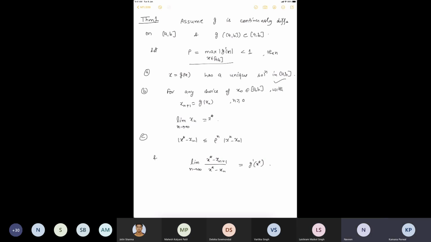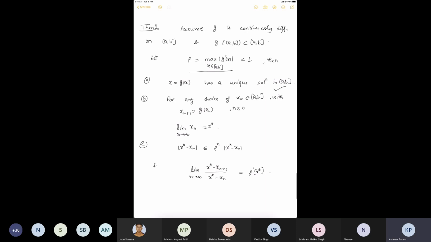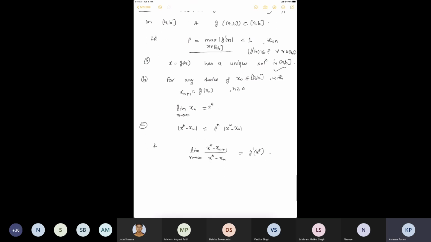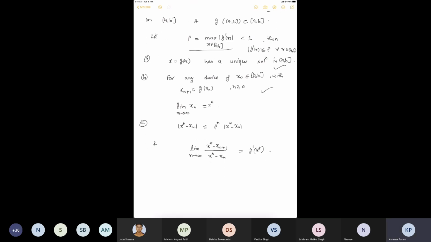Because I have given rho explicitly as the maximum of the modulus of G prime of x over this interval, this also implies that |G prime of x| is less than or equal to rho for all x in AB, and rho is strictly less than 1. So whatever assumptions we had in the previous lemma all hold here. So x equal to G(x) has a unique solution in this interval. And what about the iterative sequence?